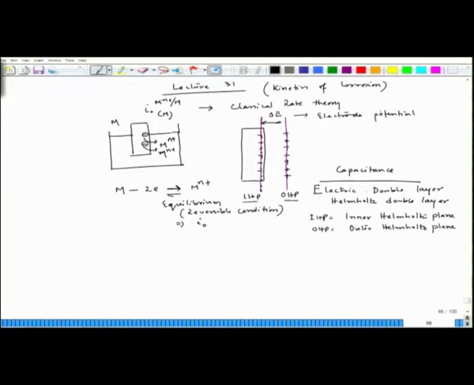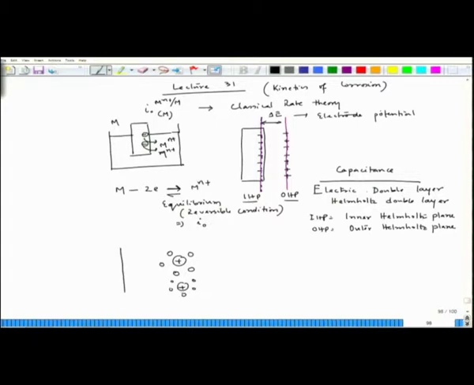this is a very primitive concept of the electric double layer, and later on it has been modified. Now, when these metal ions form, they get solvated because water is a polar molecule, and because of the polar molecule, this positive charge is solvated by water molecules.